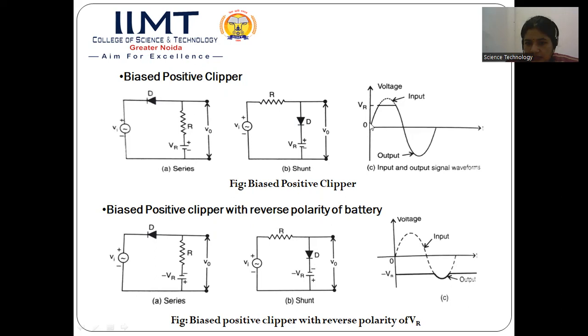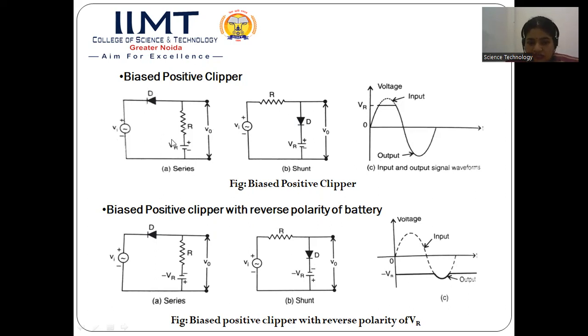This is the input waveform, which is a complete sinusoidal wave, and output is shown by the solid line. Input is shown by the dotted lines. For the series positive clipper, we will start with the positive half cycle again. Now, during the positive half cycle, this diode will become reverse bias.